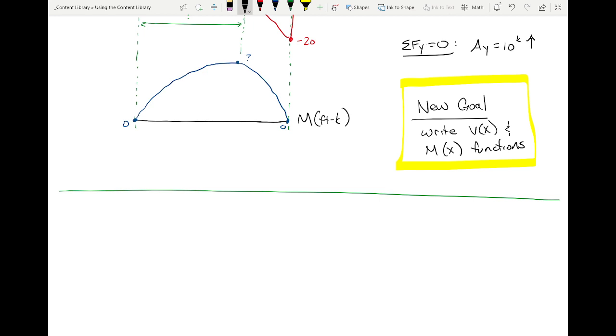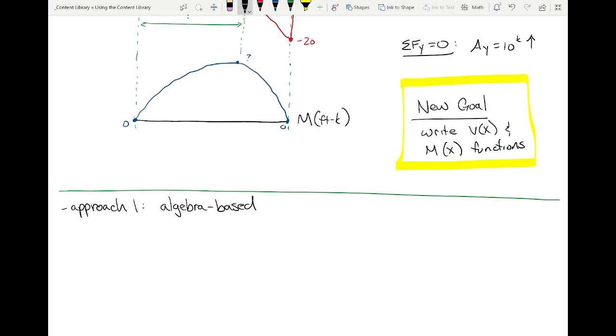So, I'm going to show you two ways of getting these shear and moment functions. I'm going to call this the algebra-based approach.